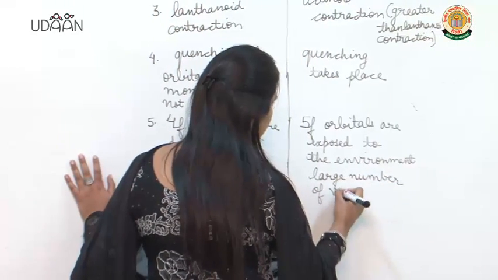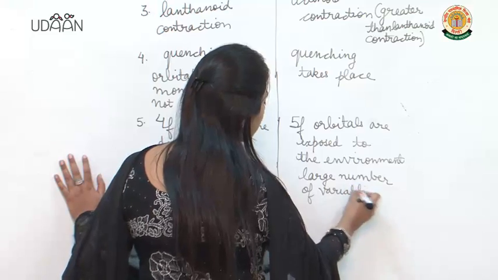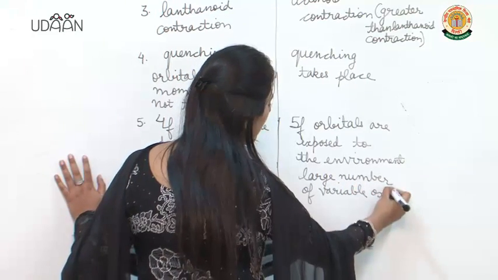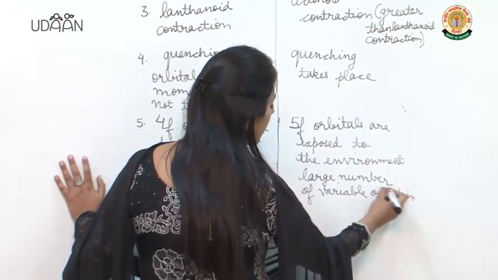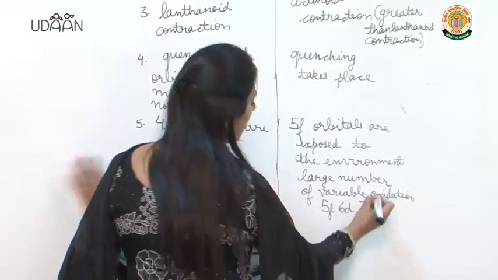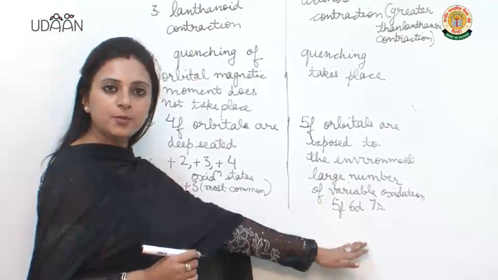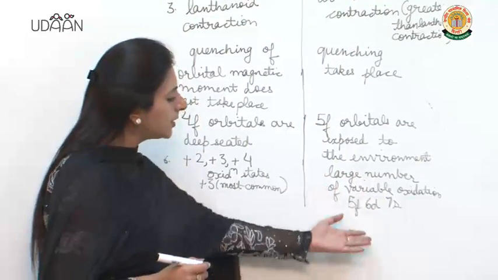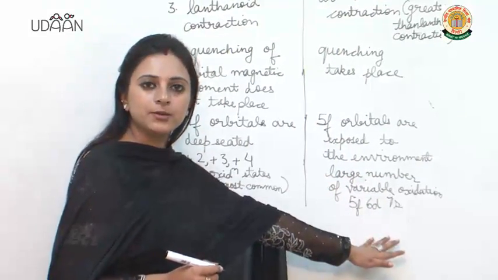Why? Because electrons from all the orbitals are participating in bonding, 5f, 6d and 7s. All electrons are participating in bonding due to the small energy gap between these orbitals.